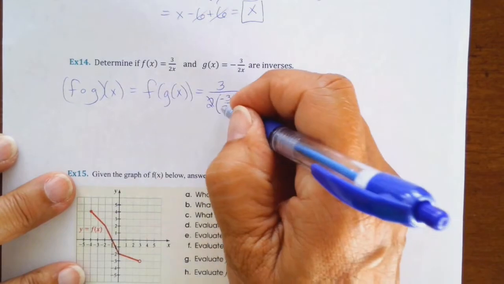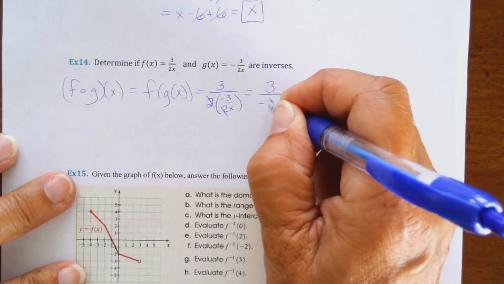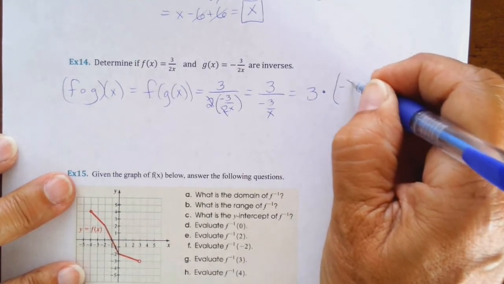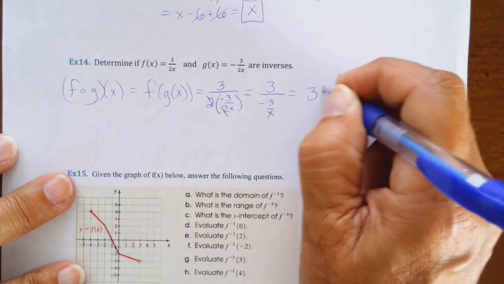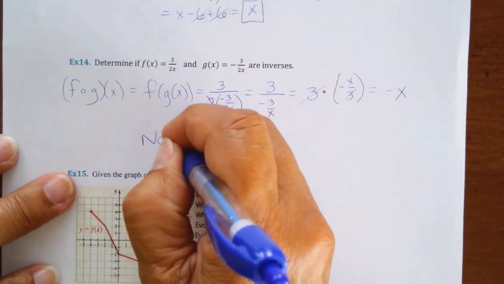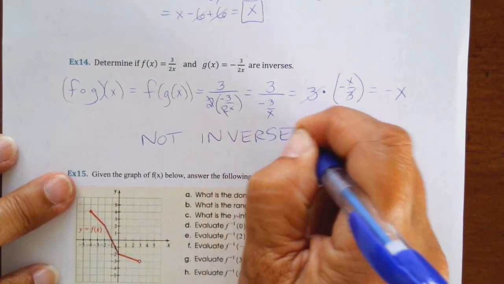All right, so again, the 2's cancel. So now we have 3 over negative 3 over x. So that's 3 times, and then we're going to flip this. The 3's do cancel, but we end up with negative x. So these are not inverse functions. You have to get x.